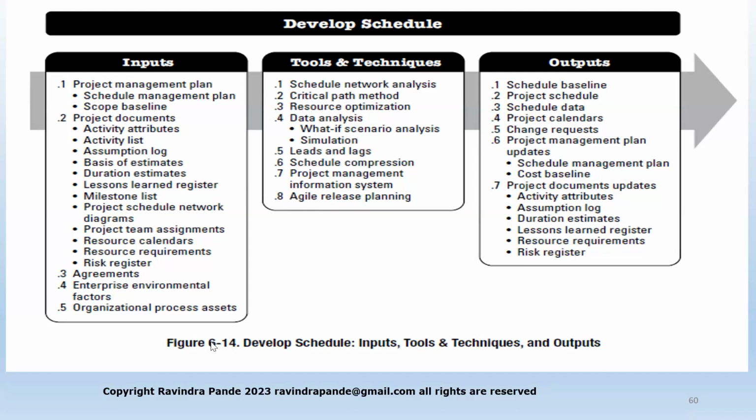That's why resource requirement is mentioned as a continuous input to develop schedule. Here we are constantly analyzing what type of resource we need, what levels of skill and proficiency we need, and so on. So the resource requirement is a kind of constant input to your Gantt chart or developed schedule.